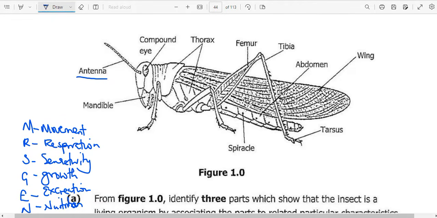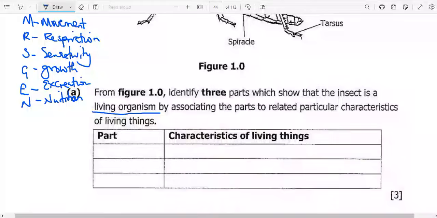The antenna helps the insect to see, or for sensitivity sake. So that is the first part that we can look at. The first part is the antenna. Among the characteristics of living organisms that we've mentioned here, the antenna is sensitivity.